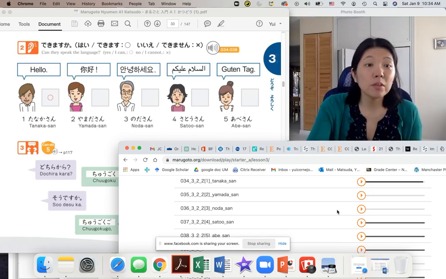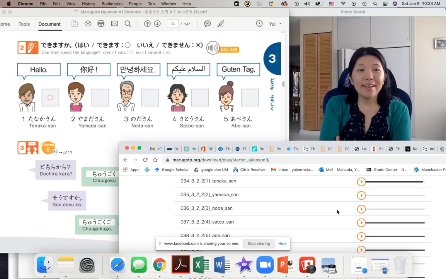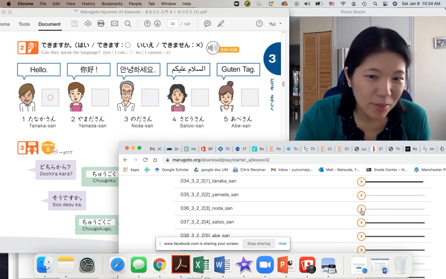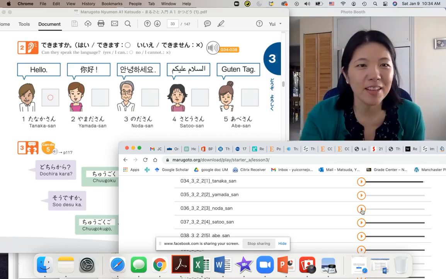Okay, so the key word was いいえ、できません。いいえ is no. So that kind of tells us, okay, you can't do that.